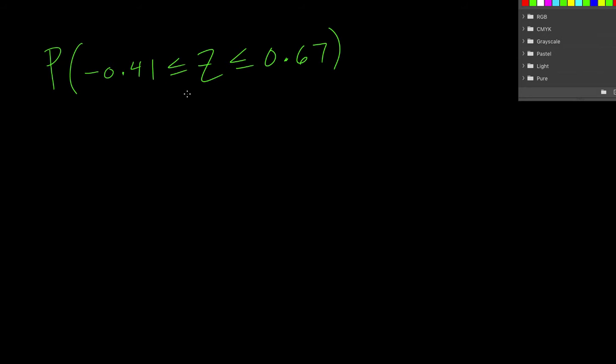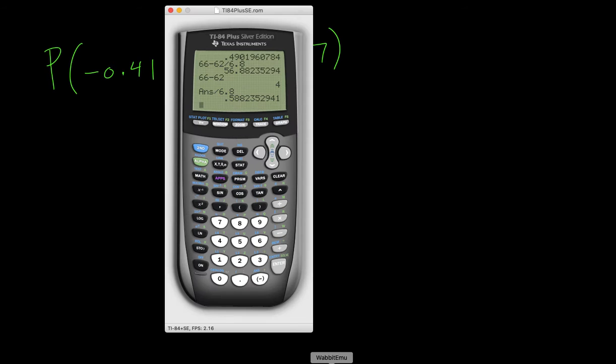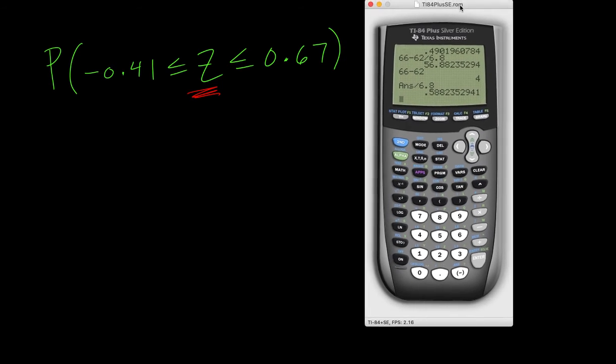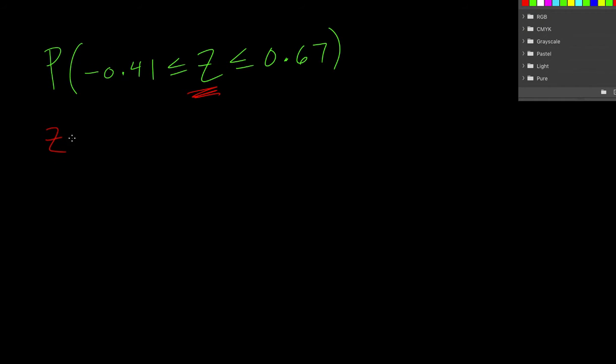All right, because this is a z, that tells us that we are going to use the standard normal distribution. So to do this, we're just going to remember that z gives us a normal distribution where the mean is 0 and the standard deviation is 1. So that's the notation to say that.